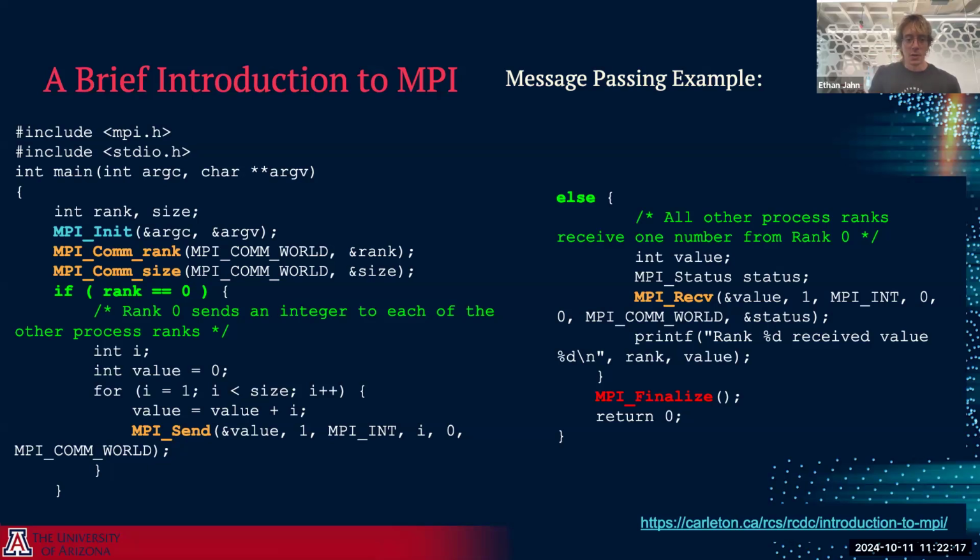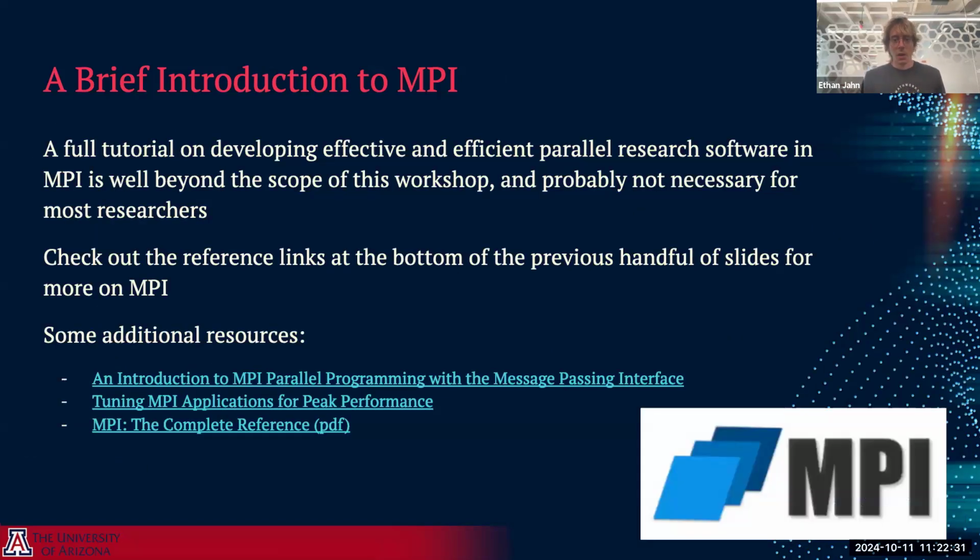And depending on which implementation of MPI you're using, they might work better or worse given the particular hardware that you are using. So there's also a hardware aspect to this that we're not going to get into at all. If you're interested in MPI, there are tons of tutorials and resources online, but this is not a workshop on research software engineering.